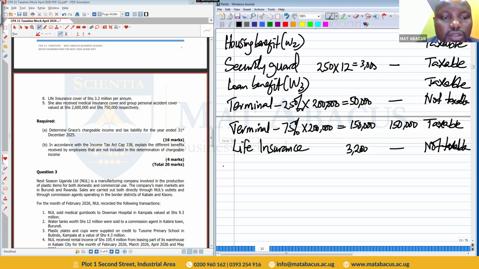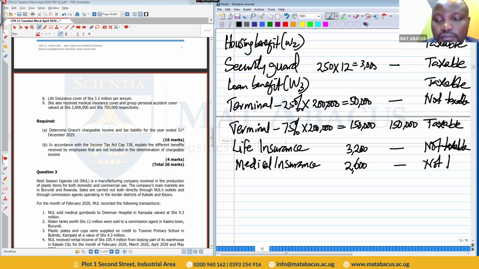Then she also received medical insurance. Medical insurance cover valued at 2.6 is not taxable.